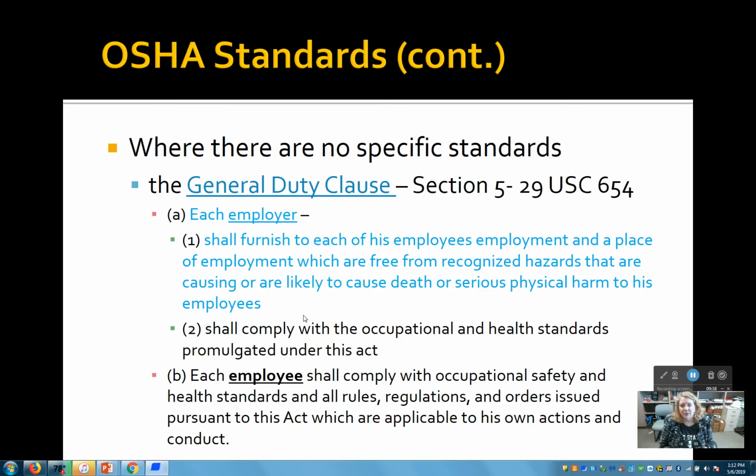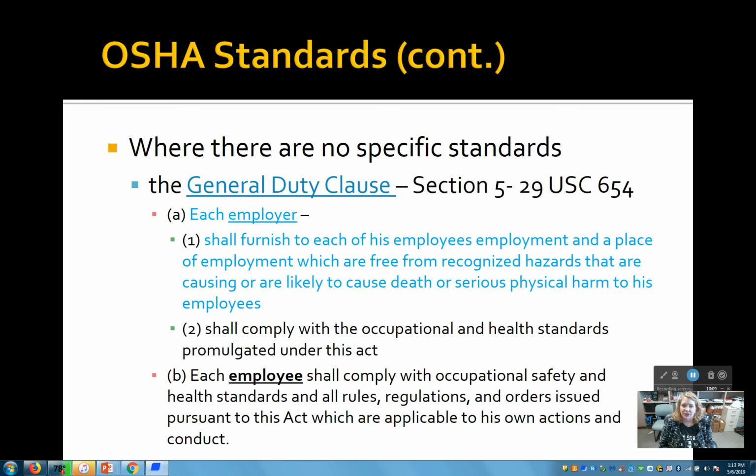Okay, the next thing I wanted to talk about was the OSHA standards. What if there wasn't a regulation specific to that? What OSHA does is use something called the general duty clause. It's listed here on the screen, and I'm not going to read it to you, but section 5A covers what the employer is supposed to do.